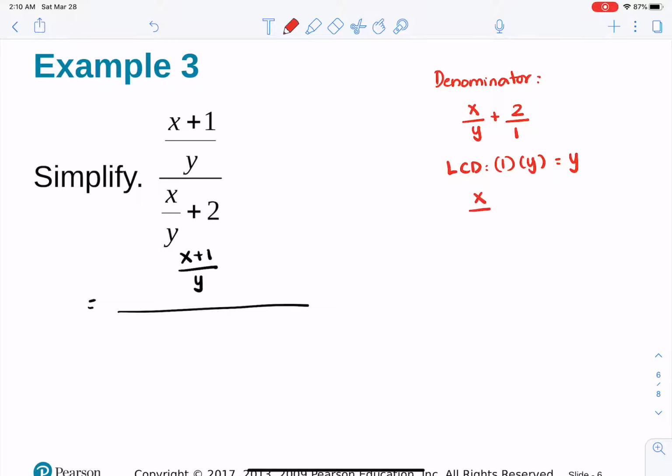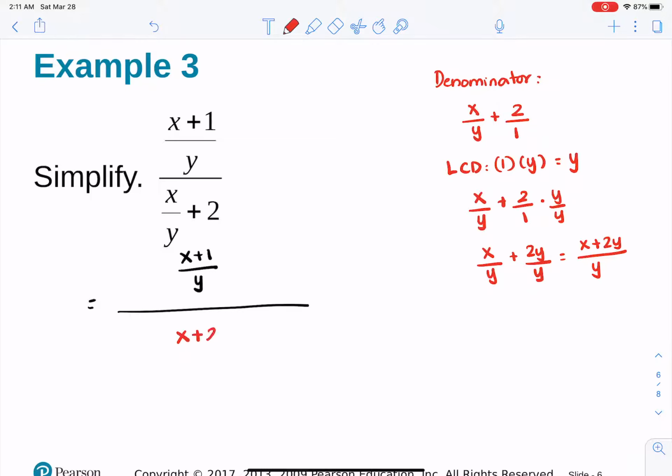So the first fraction is x over y, so I'm going to leave that y as is because that is the LCD. Multiply and divide the second fraction by y. So I would have x over y plus 2y divided by y, have a common denominator, so that is y, and the numerator is x plus 2y.